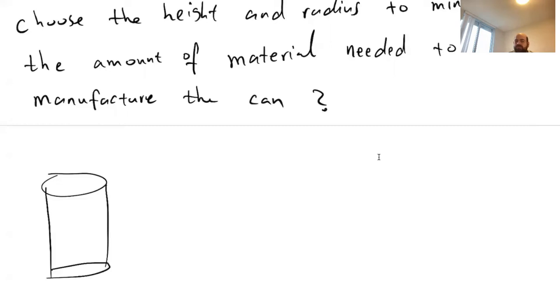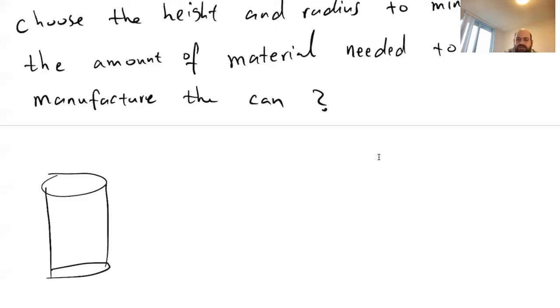So this is a very natural problem that can happen, right? You can buy a drink, for example, inside a can, and the volume is, let's say, 1 liter or half a liter. And of course, the manufacturer wants to minimize the amount of material they use and still have the same volume, because they want to pour half a liter of some drink inside that can.